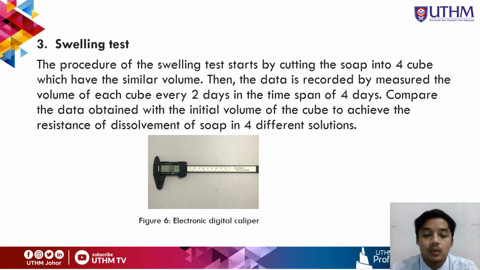Compare the data obtained with the initial volume of the cube to determine the resistance to dissolution in 4 different solutions. The 4 different solutions involved are oil, vinegar, sugar, and also salt solution. The figure below shows the electronic digital caliper that we use to measure the height, width, and length of the cube.